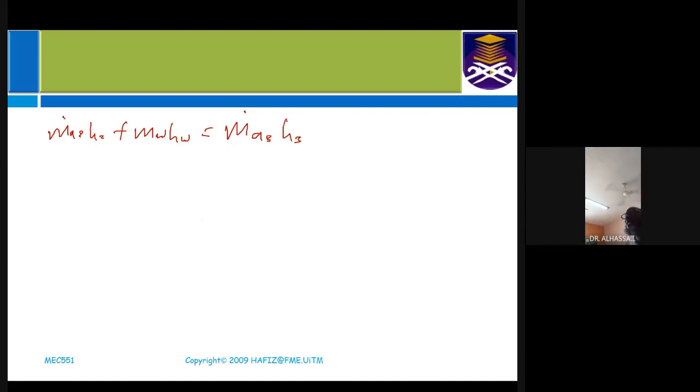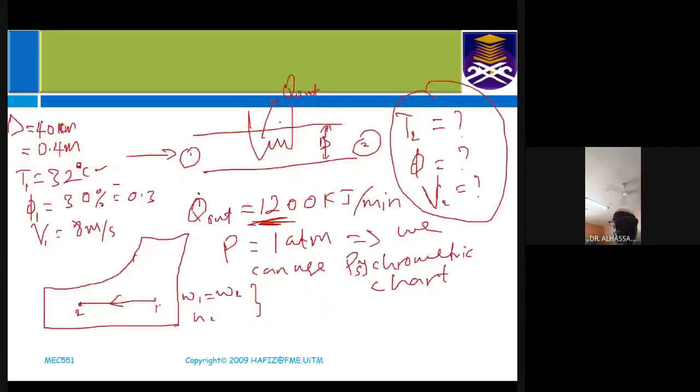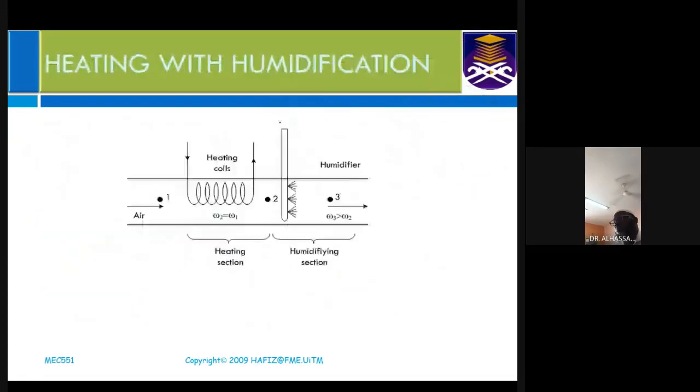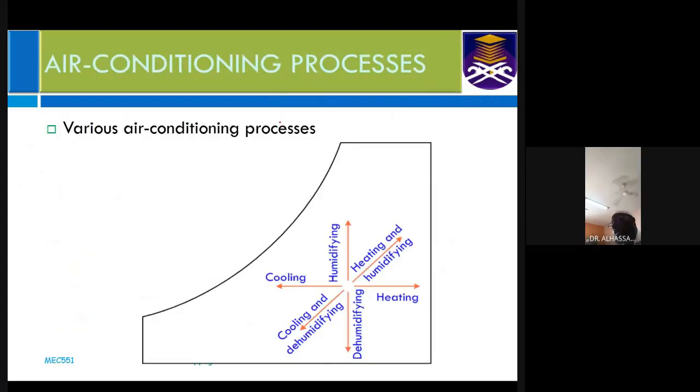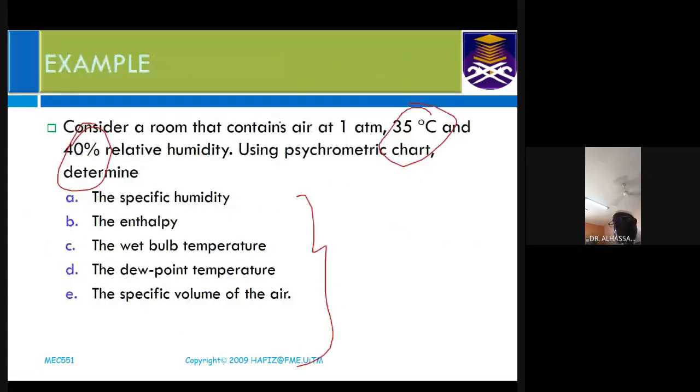If you go back to the definition for the mass balance for water in the previous section, let's see, the mass balance for water.